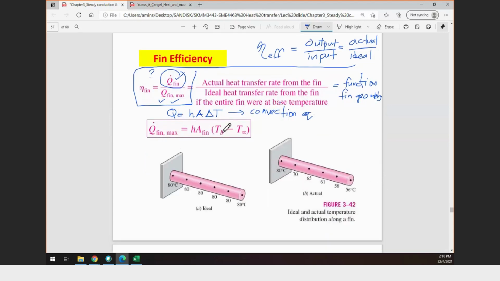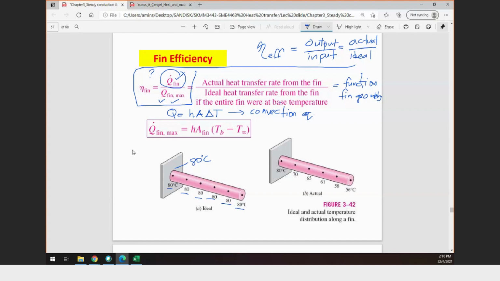In this case, the efficiency only applies if your temperature across the fin is the same. Meaning if the base temperature is 80 degrees Celsius, the maximum that the fin can reach is when the fin is also at the same temperature.